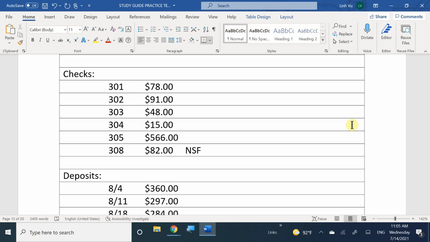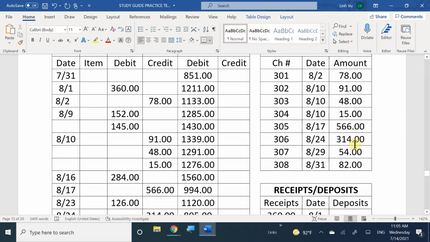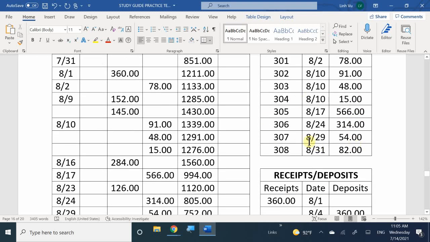What else is missing? 306, and 307, because the next one that cleared was 308. So check number 306 was for $314.